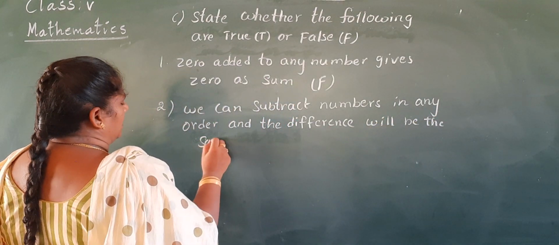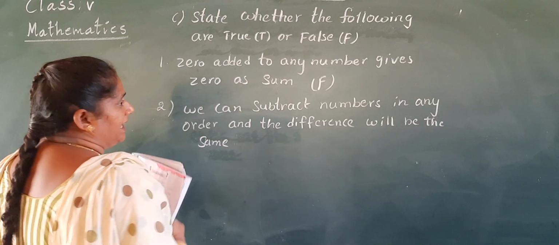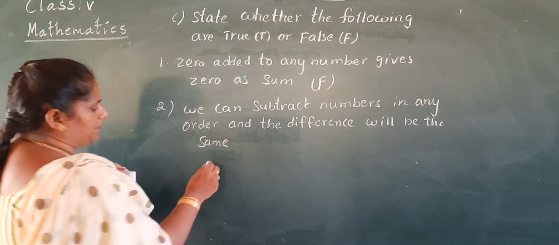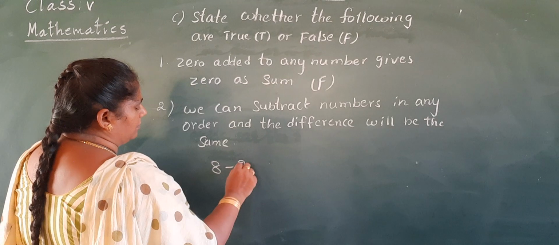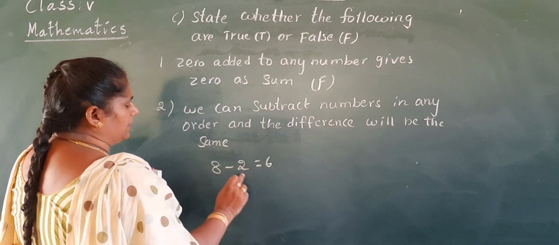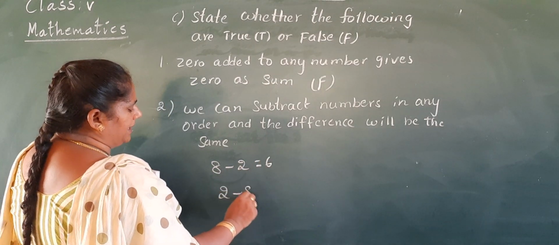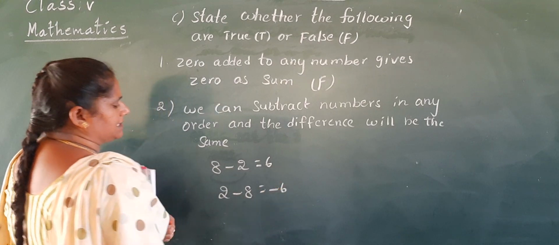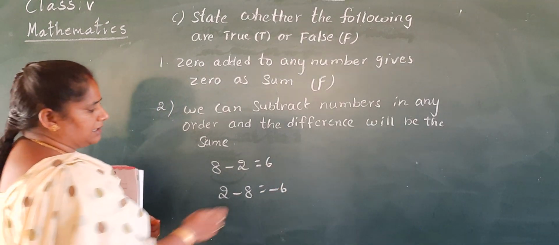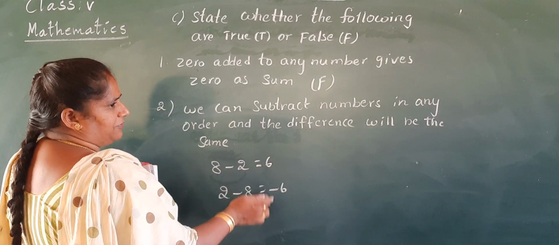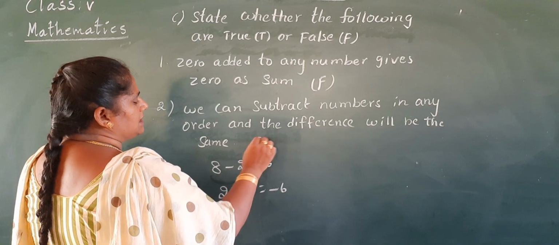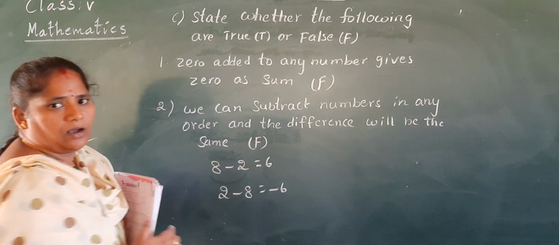So this is the second one, Nana. We can subtract the numbers in any order. Suppose let us take 8 minus 2. 8 minus 2 is 6. If you change the order, 2 minus 8 is not equal to 6. It is minus 6, Nana. Both are same, Nana. Is the difference same? No. So this is false. Okay, ma?